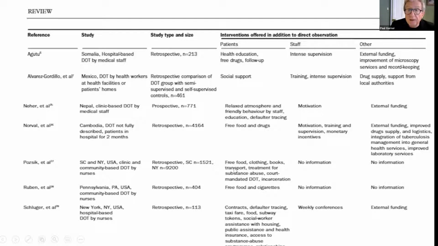But some of the interventions included relaxed atmosphere, birthday parties, free food, clothing, books, incarceration if you didn't take drugs, free food and cigarettes if you did. So it was quite revealing anyway.